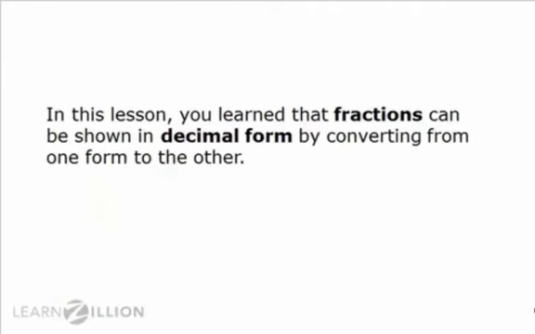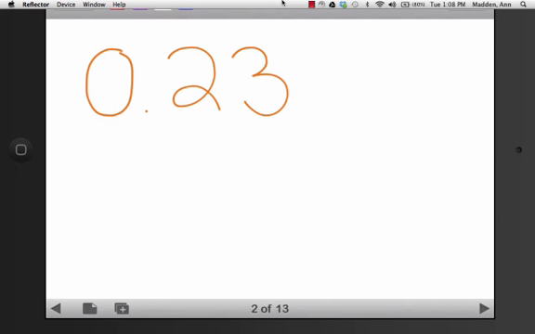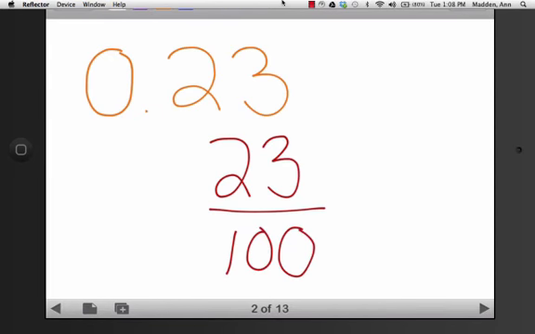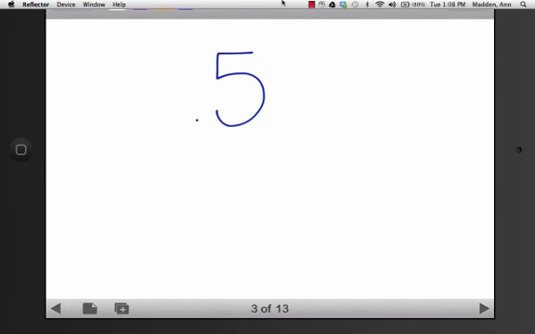In this lesson, you learned that fractions can be shown in decimal form by converting from one form to the other. Let's take a look at a few more examples. I have 23 hundredths. What would my fraction look like? 23 over 100. 5 tenths.